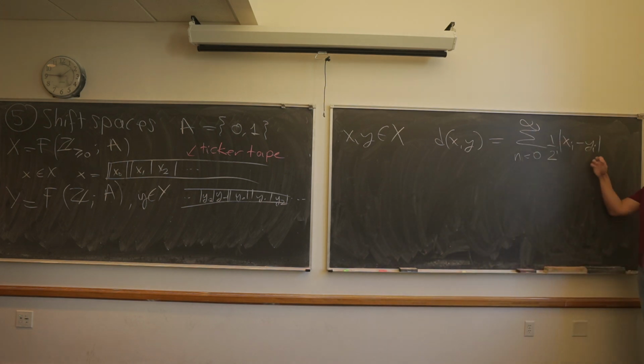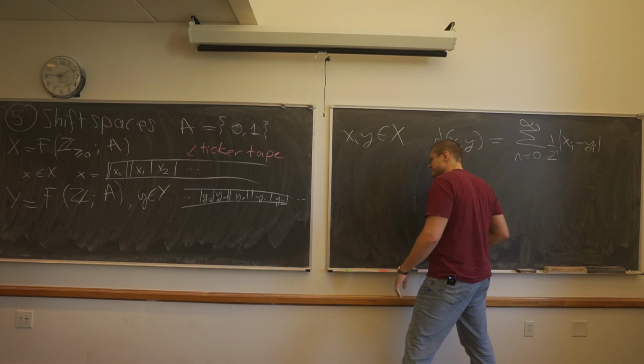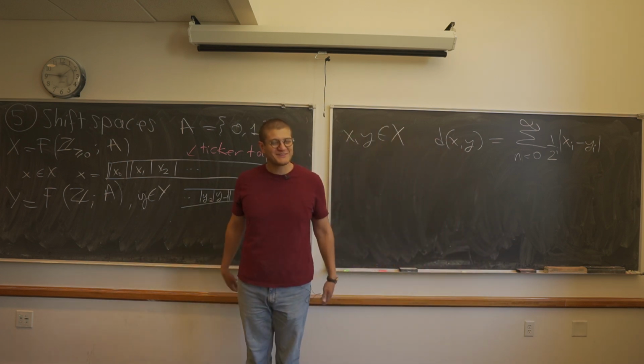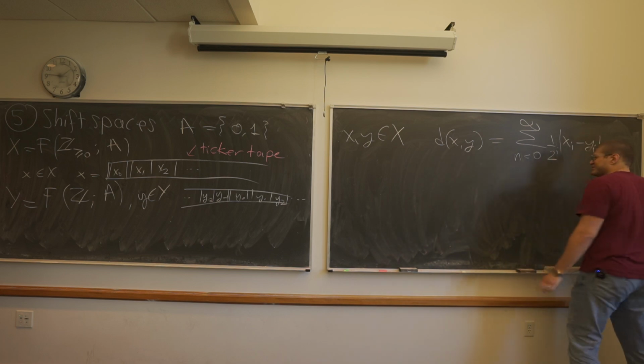In this case, what I mean is that this is 1 if they're not the same, and 0 if they are the same. This is what is called the discrete distance. Next time I'll mention that. It's a good point. That distance is the discrete distance.